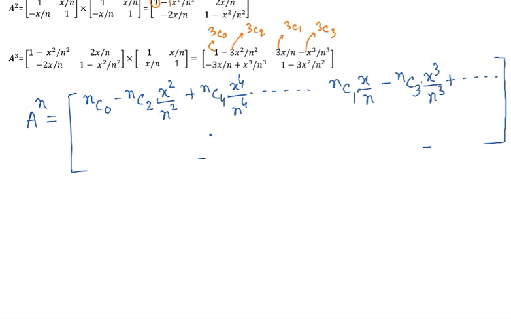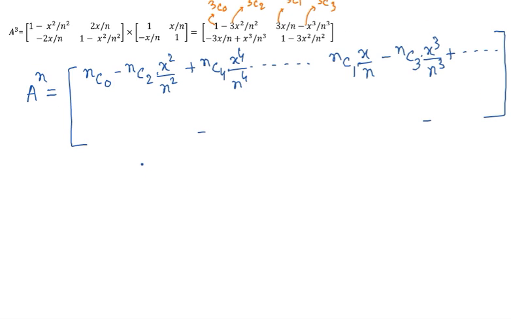Now you see that when n is becoming very large, when n is tending to infinity, we need to see what is happening to these terms, where these terms are going when n is tending to infinity. So to find the limiting value, we can consider a generalized expression of this pattern, and that generalized expression will be nCr into x to the power r by n to the power r.